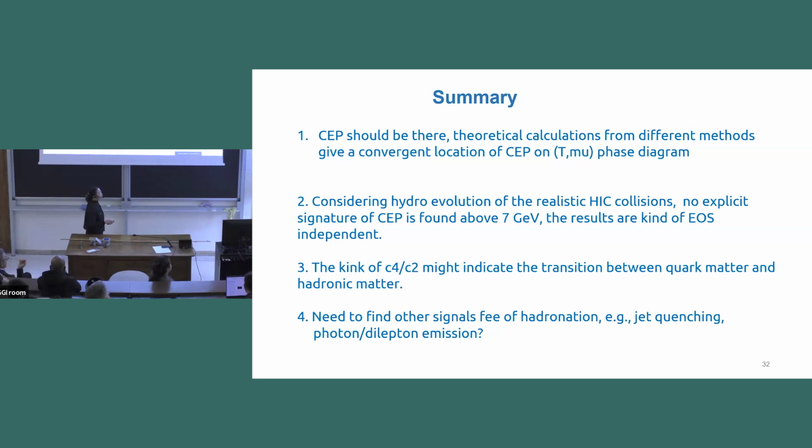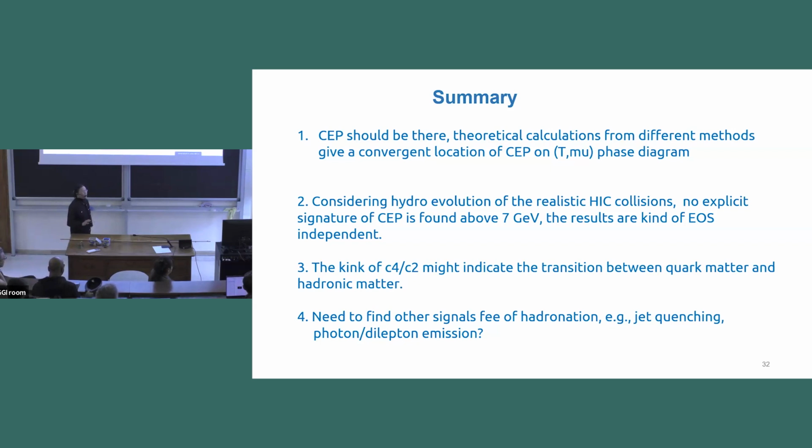At least from the RHIC data at the moment, there is no explicit signature for the critical point above 7.7 GeV. And at low collision energy, for example 3.3 GeV or 3.9 GeV, there is some kind of negative kurtosis, which might be a signature for a liquid-gas phase transition or not.